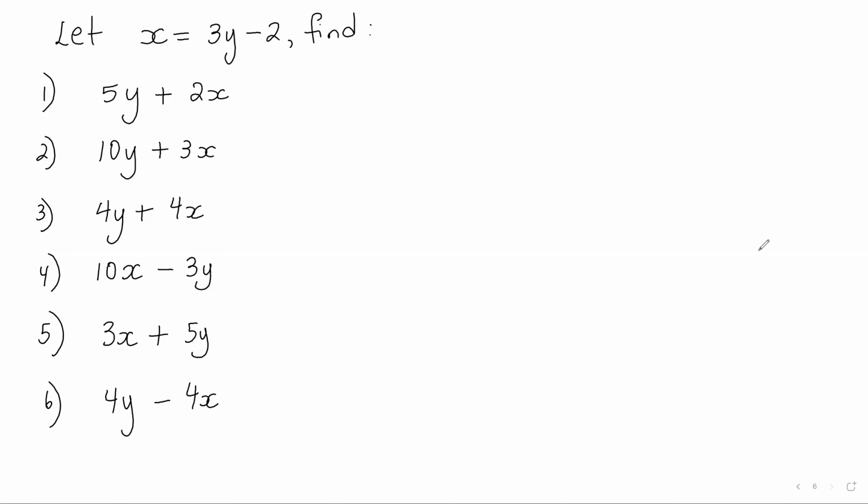Right. So if x is 3y minus 2, and you need to substitute that into 5y plus 2x, that would literally mean 5y plus 2 times whatever x is. X in this case is 3y take away 2. All right? So expanding, you'll get 5y plus 2 times 3y, which is 6y, and then 2 times minus 2, which is minus 4.